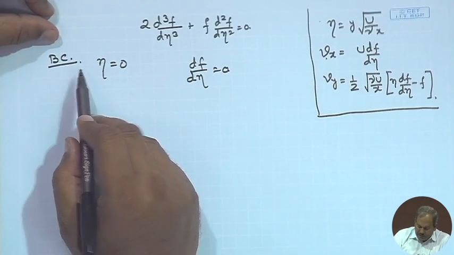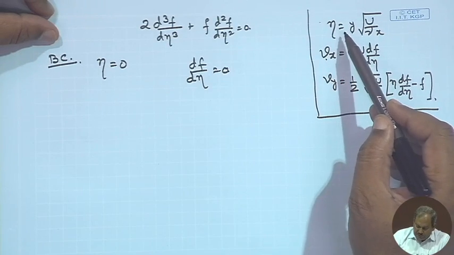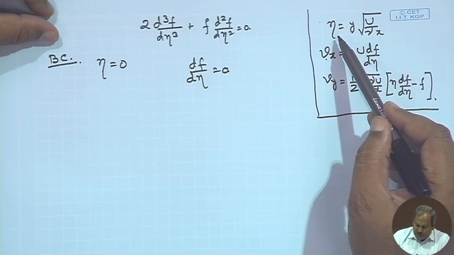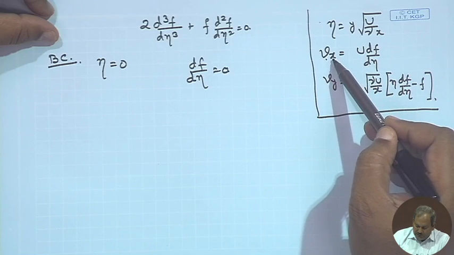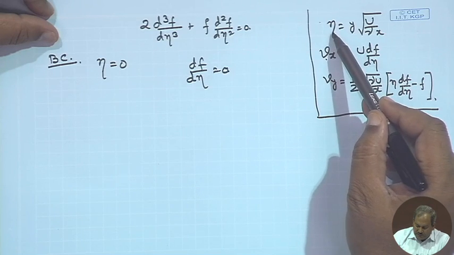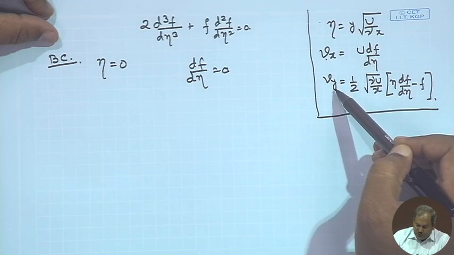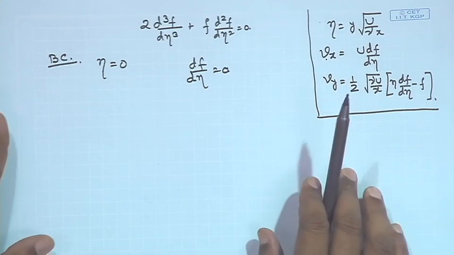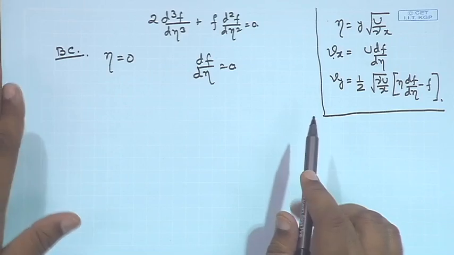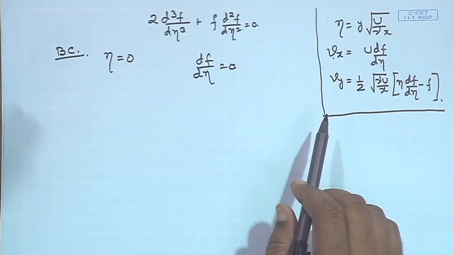That's my boundary condition. I also understand that due to the same no slip condition, not only Vx should be 0 at eta equals 0, Vy would also have to be 0 at eta equals 0. So when you have a no slip condition, both components of velocity, Vx and Vy, would be 0.